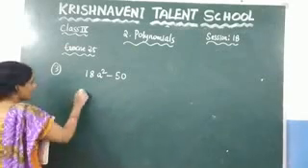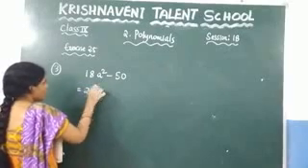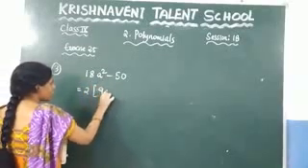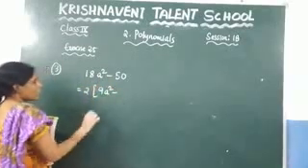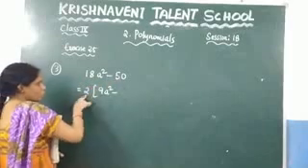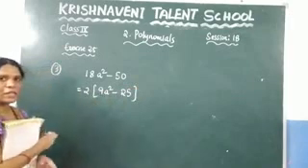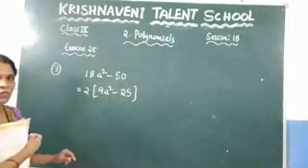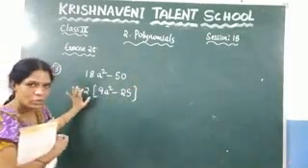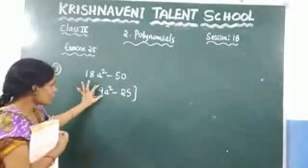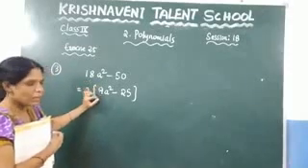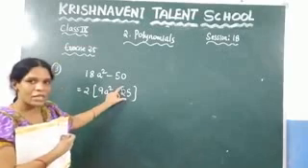If you take 2 common, what will you get here? You know that 2 9s are 18, so write it here 9a square minus, if you divide 50 by 2, what will you get? You will get 25. So you are getting 9a square minus 25. Why do I have to take 2 common? Because you know that you can write this 9 as a square and this 25 as 5 square.